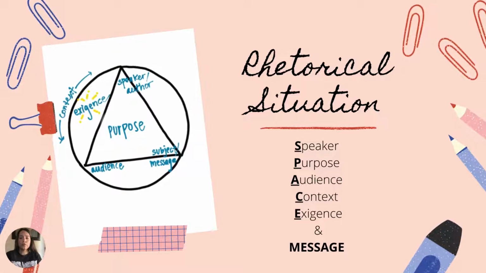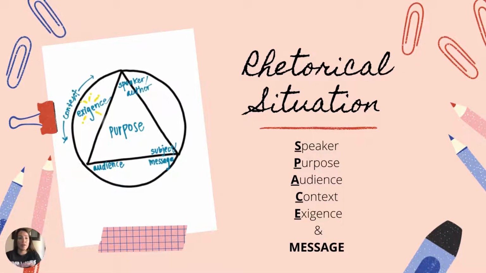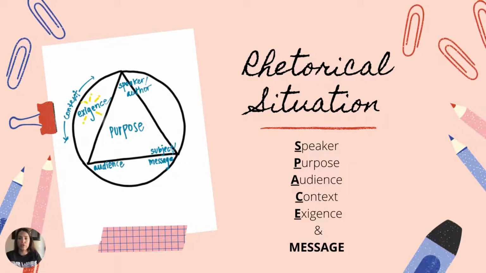The rhetorical situation of a text collectively refers to the speaker, purpose, audience, context, exigence, and message. The image to the left of the screen is one way to illustrate the concept of the rhetorical situation. The circle around the triangle symbolizes how speakers or authors write within a specific context or situation.